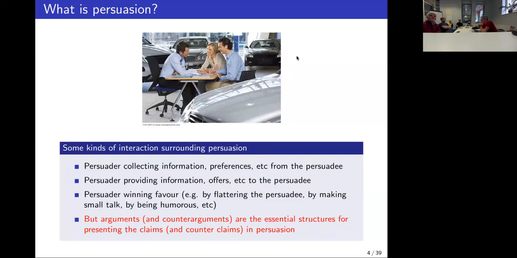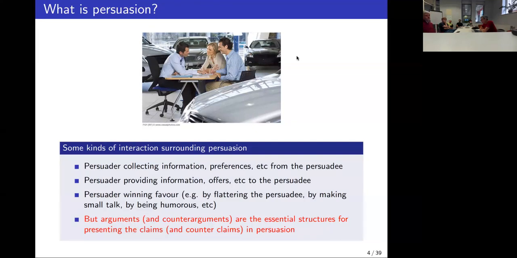The persuader is collecting information, preferences, and so on, providing information. There's extra things like winning favour, flattery, and so on. But as the last bullet point shows, I think that arguments and counter-arguments are the key structures for persuasion, because they provide the claims and the counterclaims in persuasion.